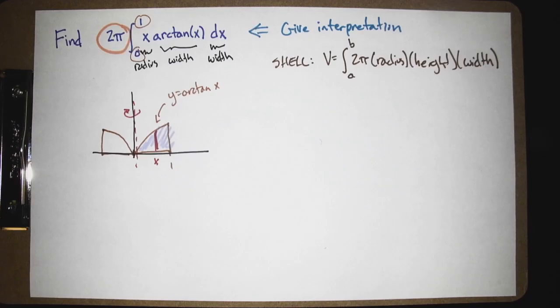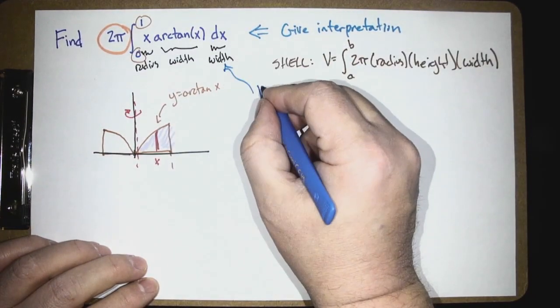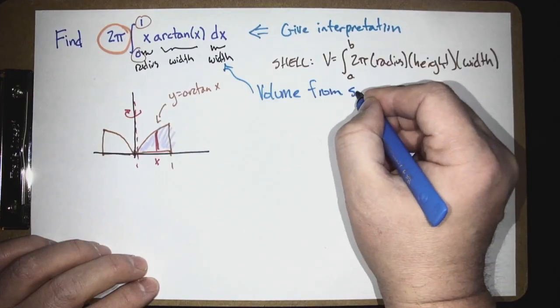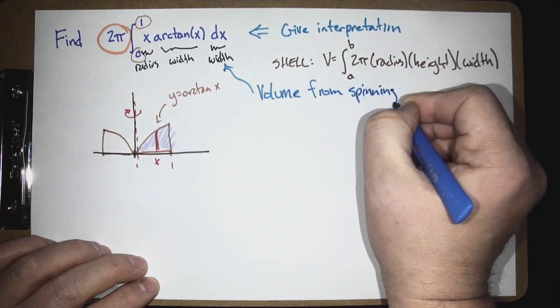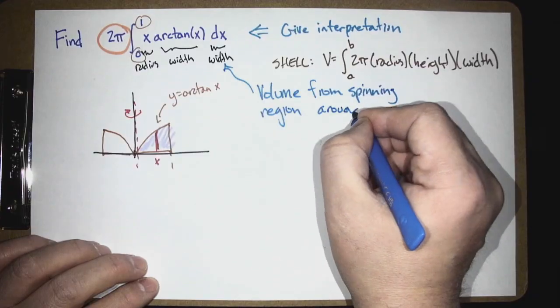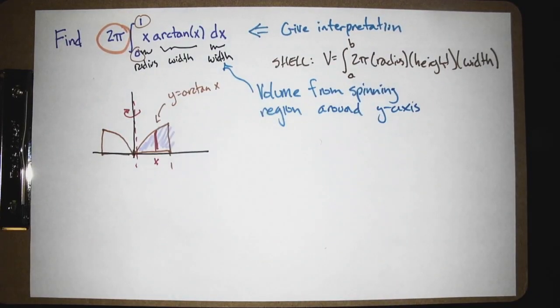Well, it's allowed us to interpret what we're after. We're after a particular volume from spinning our region around the y-axis. That's if we use shell method.